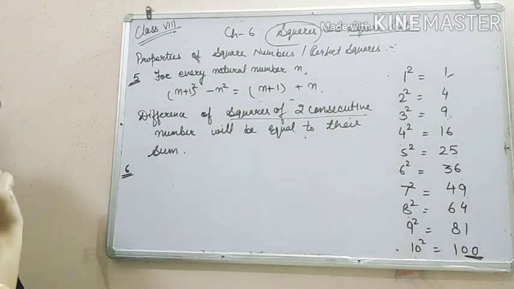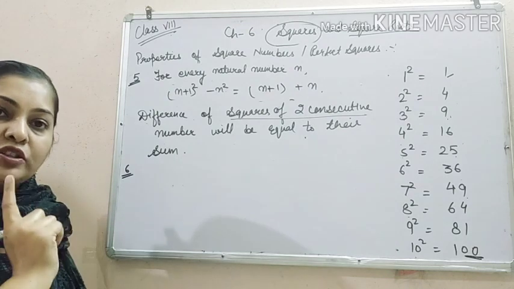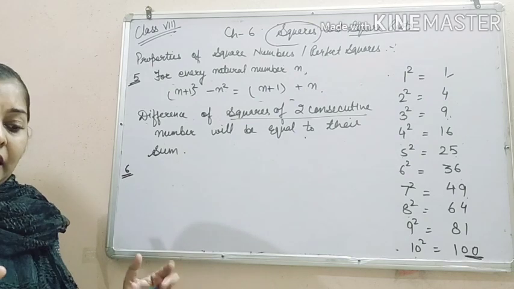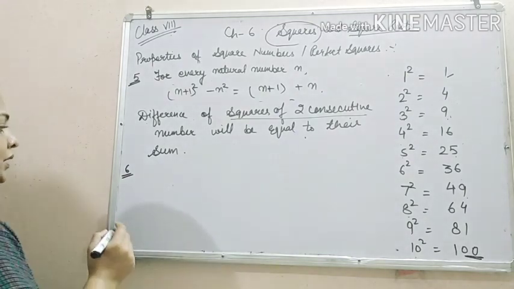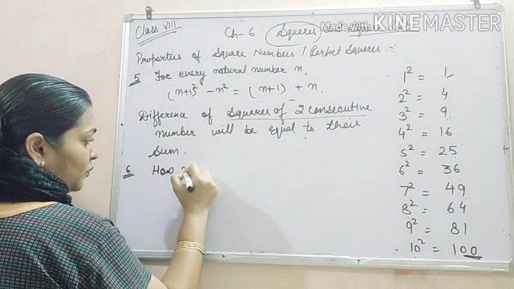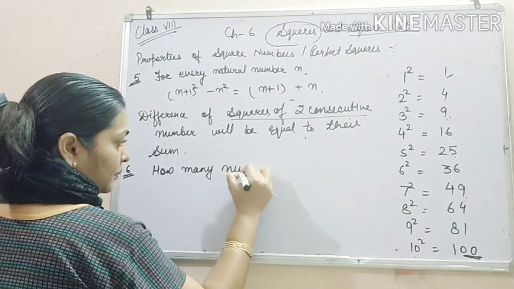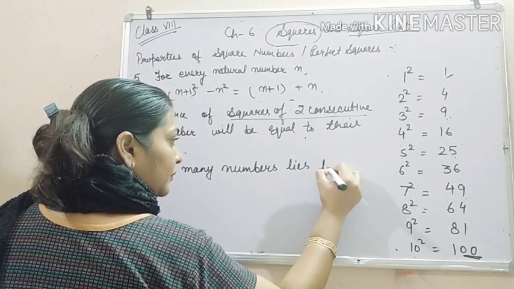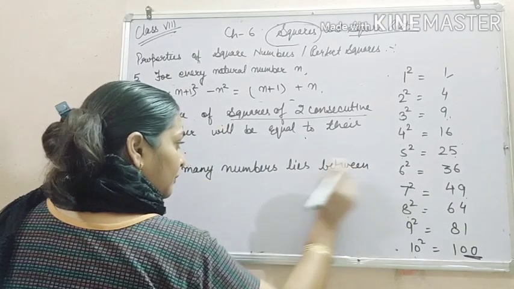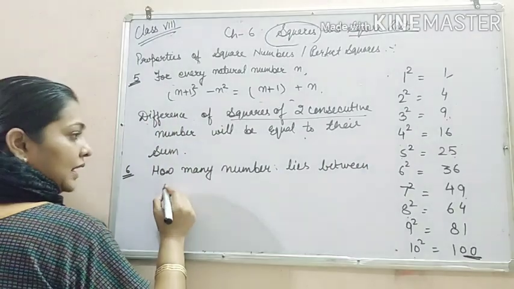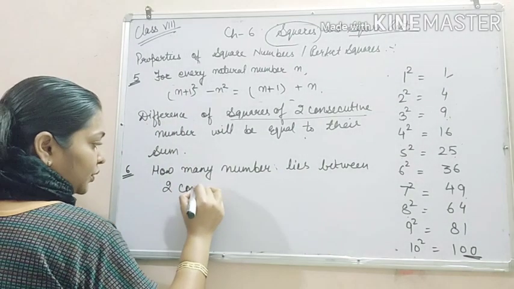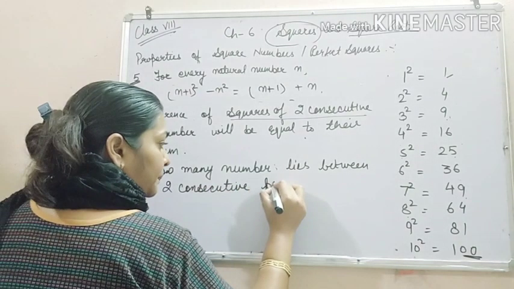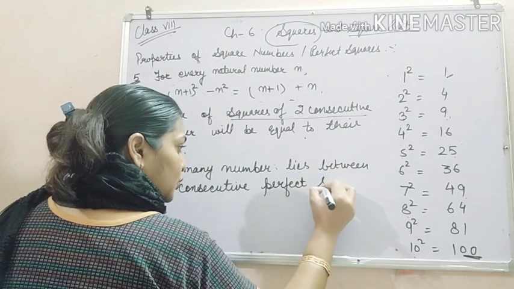Now one more property I will tell you. It is also a very important property of these square numbers, if you want to find how many numbers lie between two consecutive perfect squares.